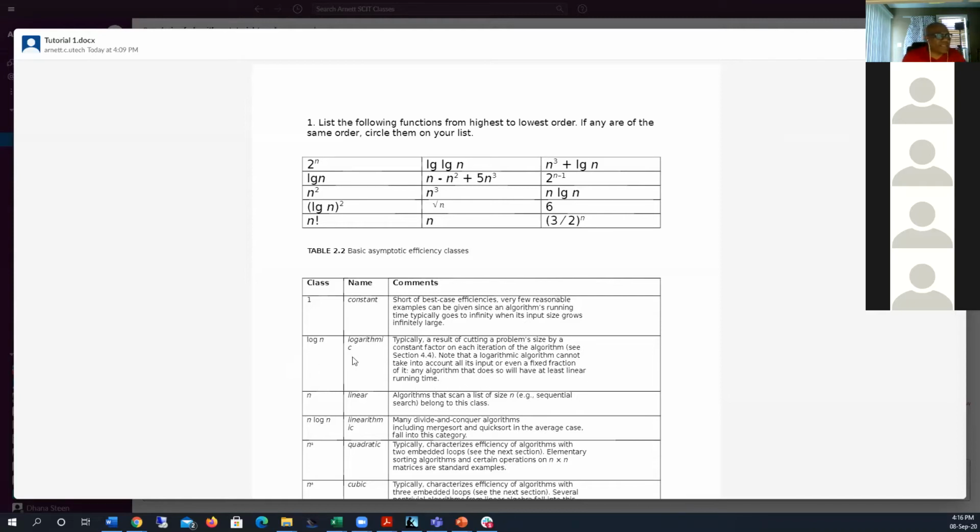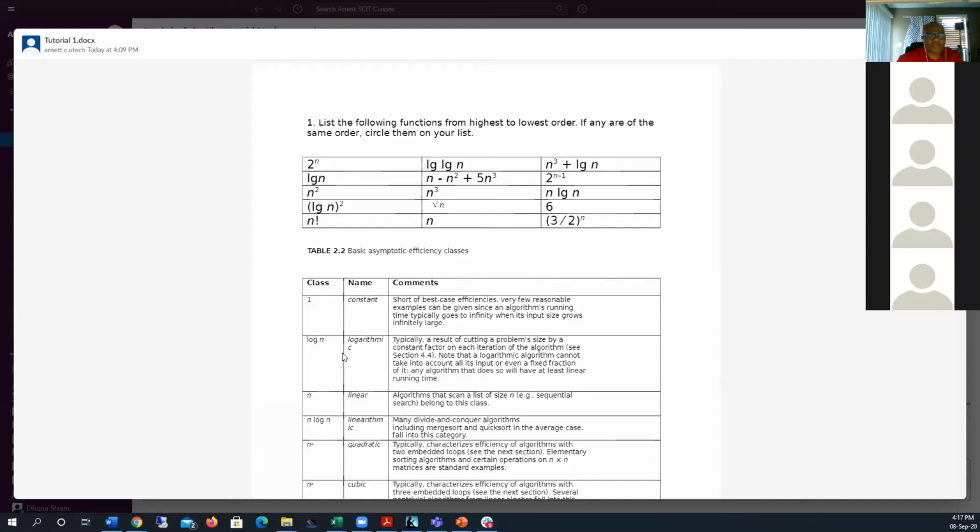All right, let me say here, an algorithm that behaves in log n time, really what it's doing is that on successive iterations, it is dividing the problem by a term.